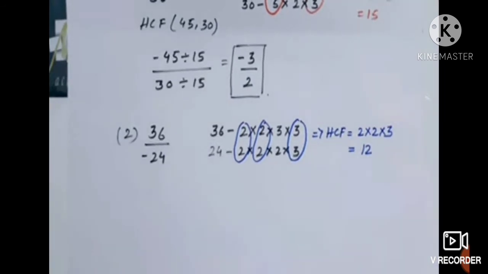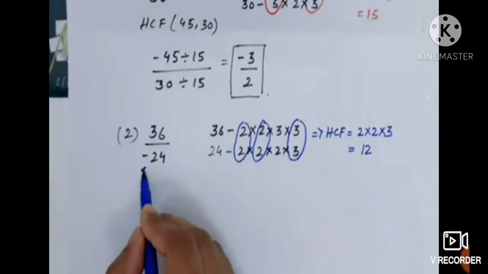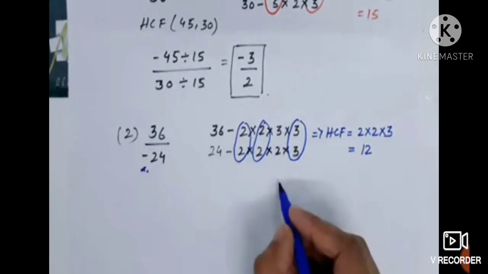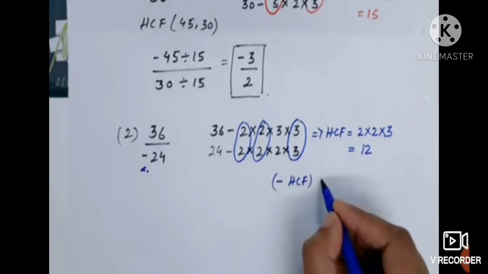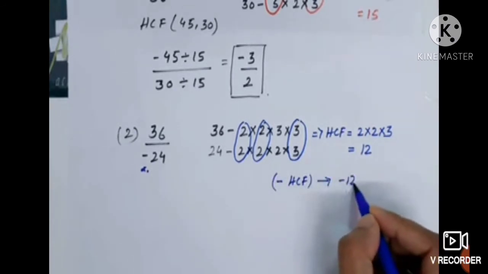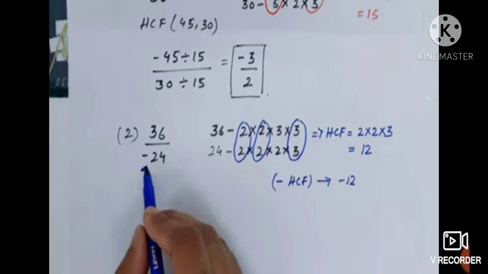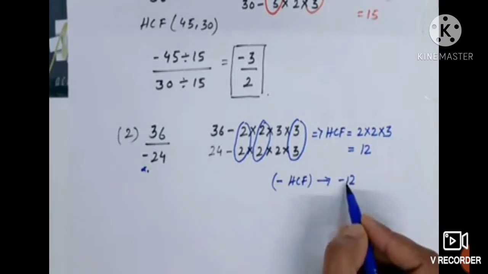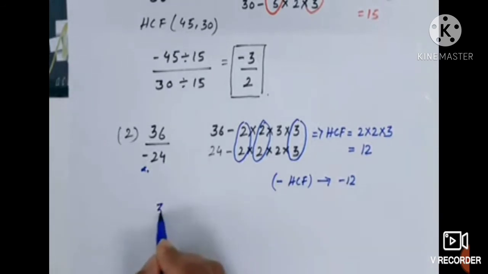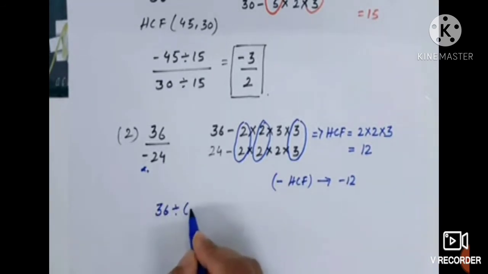So 12 is the HCF, and the standard form is obtained by dividing both sides by minus 12, because you have to make the denominator positive.